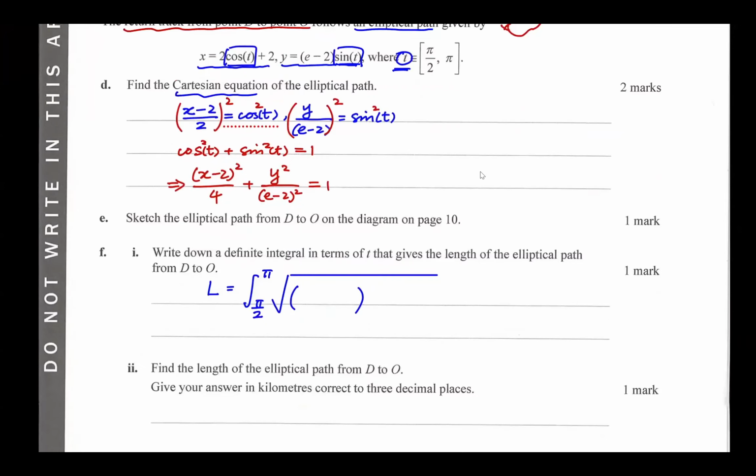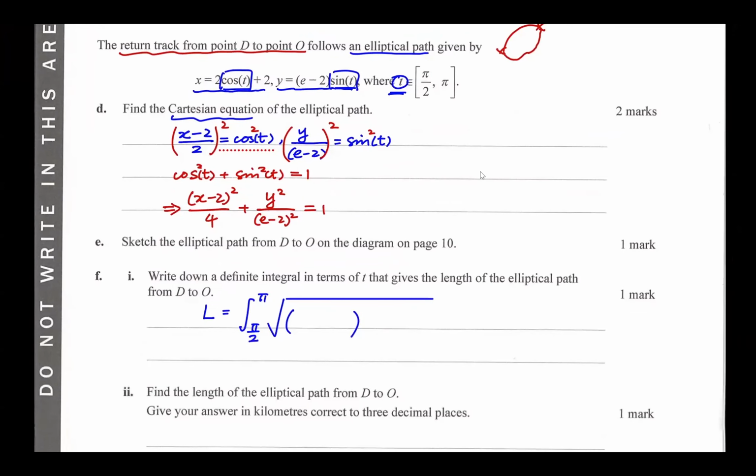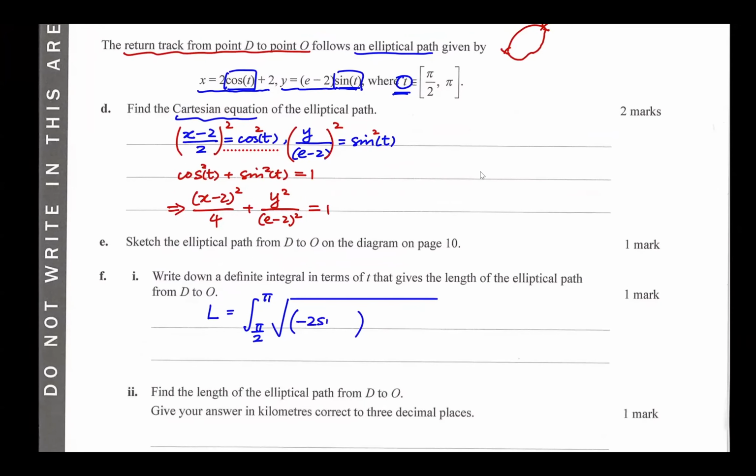Well, the derivative of x is just minus 2 sine t, if I'm not mistaken, yep, squared, plus (e minus 2) cosine of t, cosine squared. And we should write dt there.